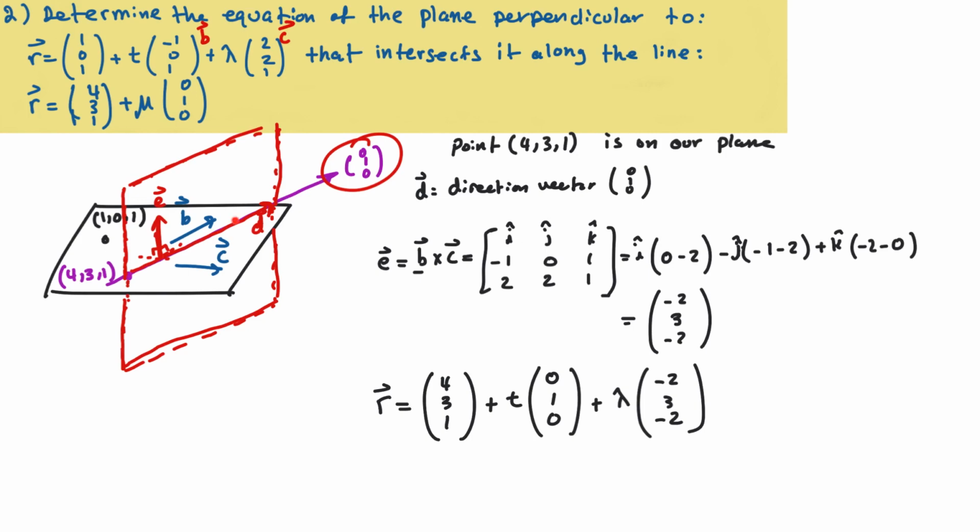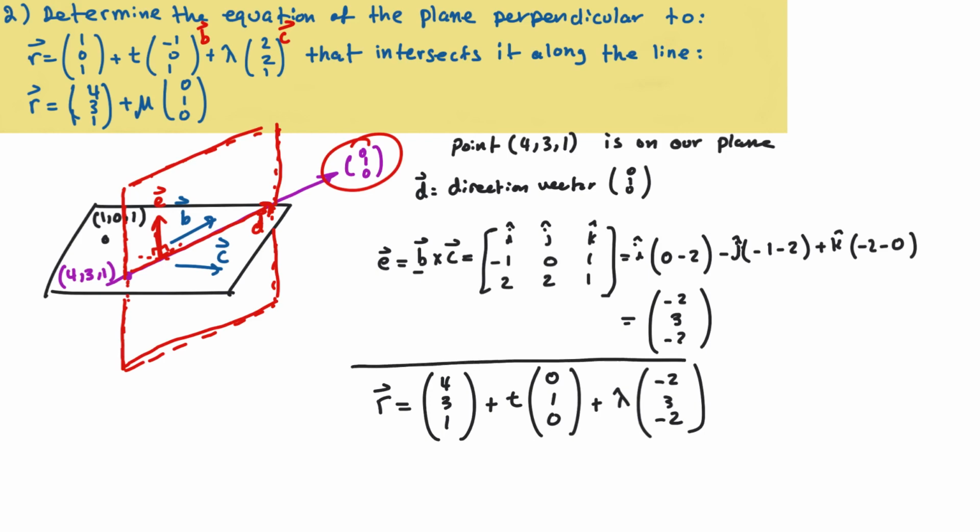So this line that we drew here doesn't necessarily have to be on the black plane over here, but the procedure for solving the question will involve this process because we need to find this plane which is perpendicular. If it's perpendicular, we have to use the cross product, and it intersects along this line, which means that this line gives us at least one point on the red plane and one direction vector in that plane, and we use that idea to solve it.